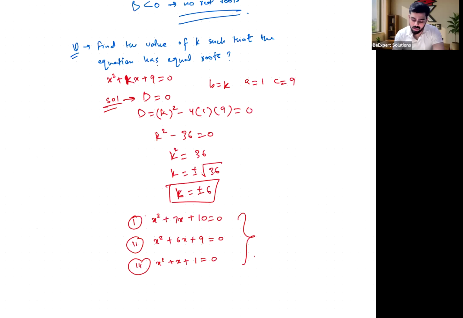Again, in this case, you have to find out the nature of roots. Let me write down: find nature of roots. Okay, you need to find out the nature of roots for these questions in homework. Again, you find out the discriminant, and whatever your discriminant is, according to that you have to tell the answer. That's all for this session.